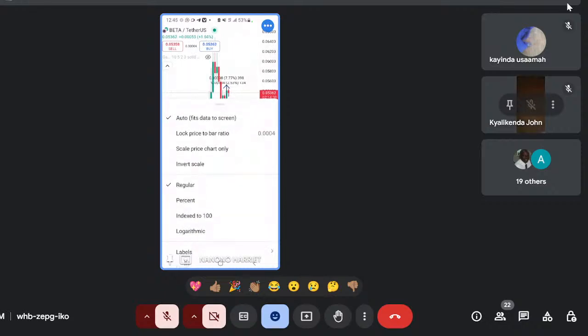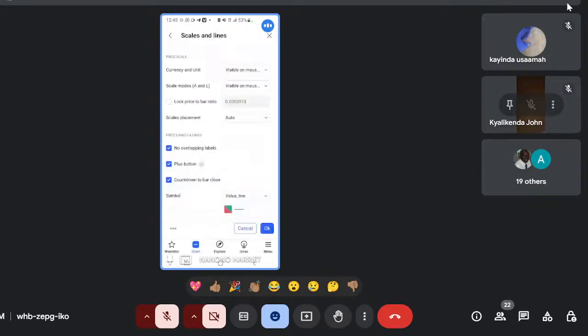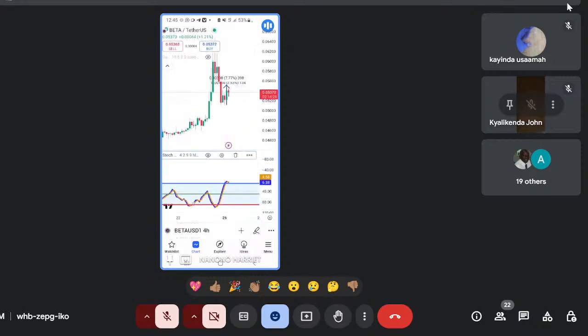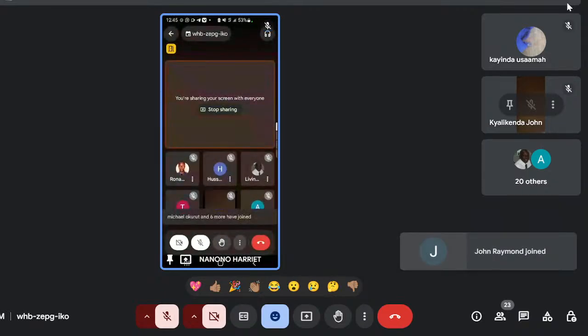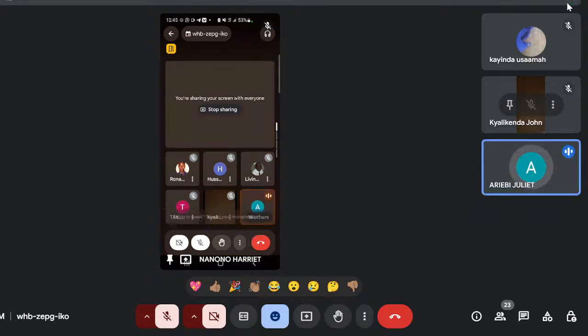What is this? I don't know what has happened, but I'm trying to look at this inverse scale and then turn it back. Madam Harriet, you try to check the time frame which is there.